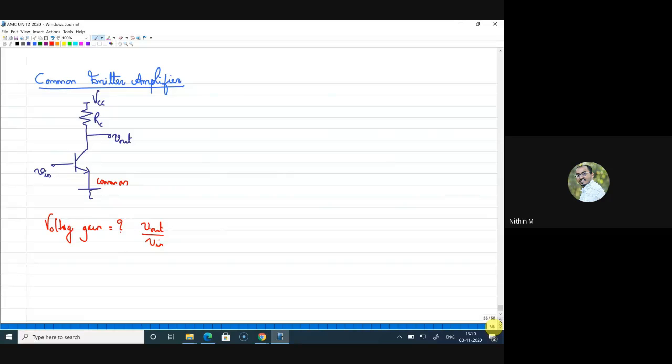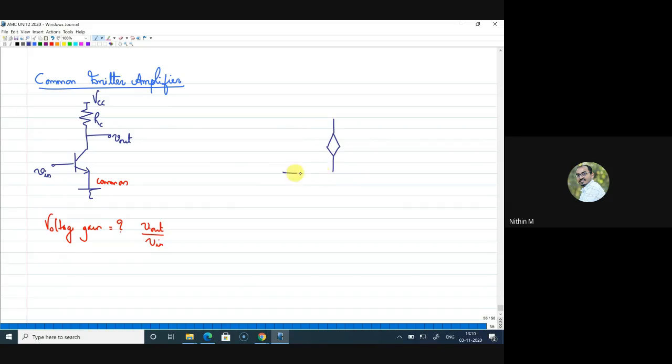Since the input is a small signal, if I want to study this circuit in the presence of a very small input signal, I should replace the transistor using its equivalent circuit, and that equivalent should be the small signal equivalent. So I will just draw it here.